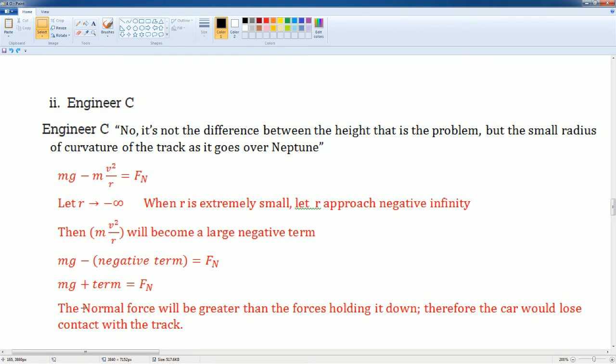Therefore, the car will lose contact with the track. That is only because this goes to an extremely negative number, making this flip to become positive. And if you add these two, you will see that if the normal force is not as great, it cannot hold the cart down.